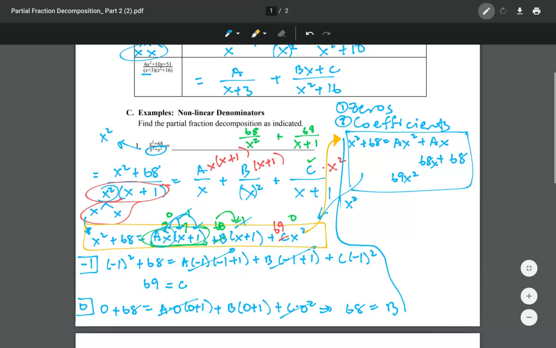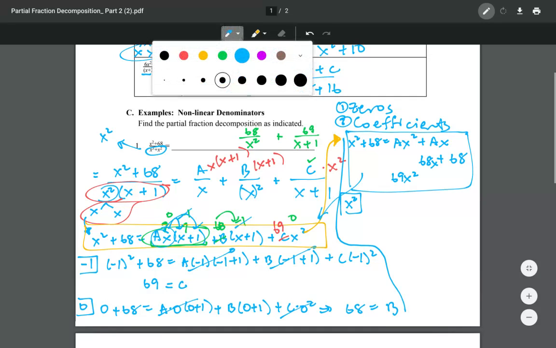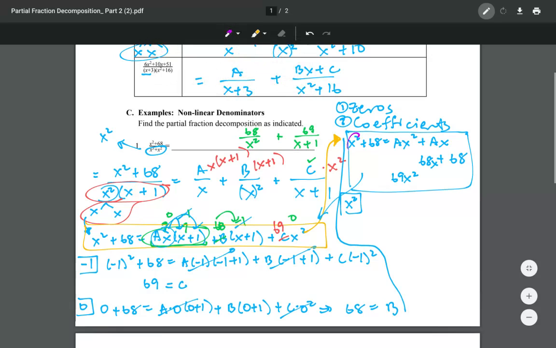I'm going to start with my x squareds. So for x squared, we have 1 on the left, so 1x squared, and I've got an Ax squared and a 69x squared. I'm just taking their coefficients. So if I have 1 on the left and I've got A plus 69 on the right, those two had better equal. So if I subtract 69, I've got my answer.